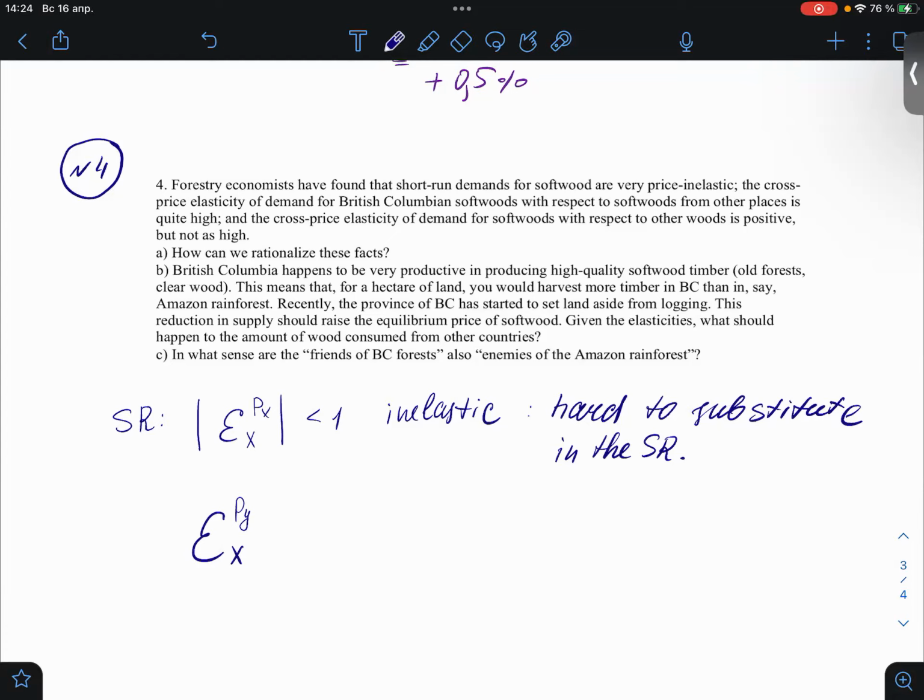So by module, it is greater than 0. And without module, it is also greater than 0, because wood from British Columbia and wood from other places are substitutes.